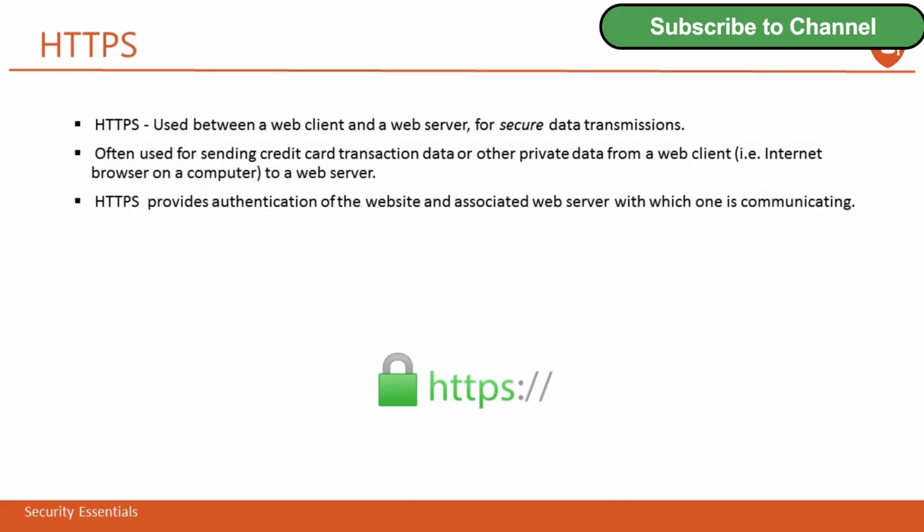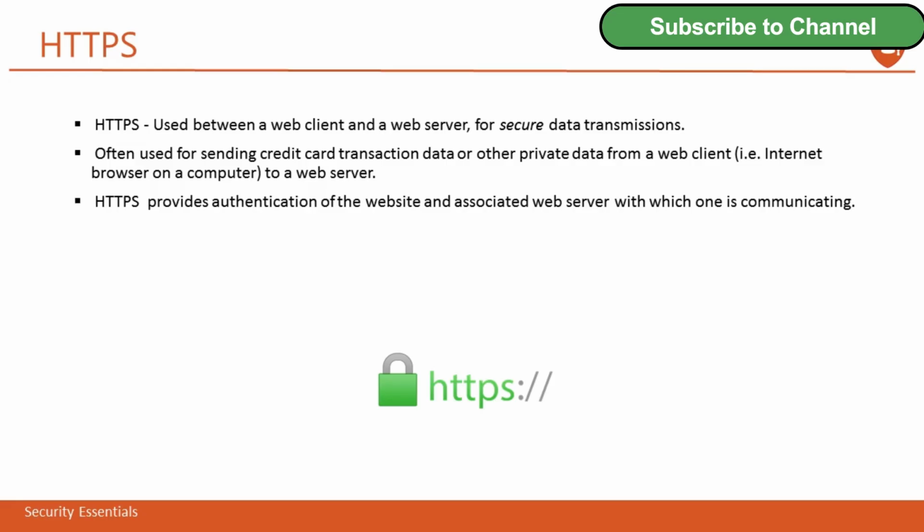Next one is HTTPS, which I went over very vaguely. So HTTPS is used between a web client and a web server as HTTP, but the difference is HTTP is non-secure and HTTPS is a secure communication. It is often used for sending credit card and transaction data or other private data from a web client, i.e. an internet browser on a computer.